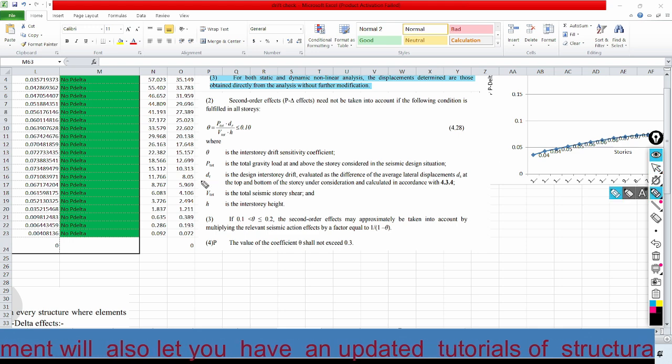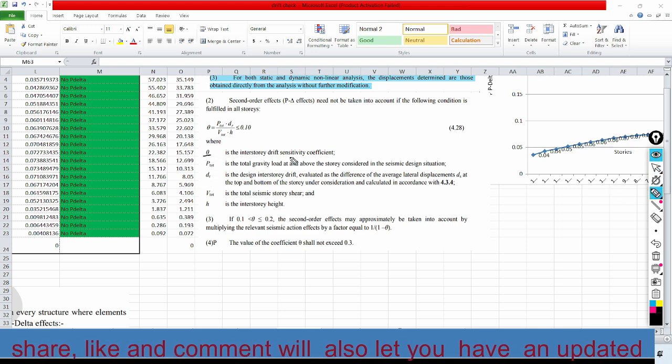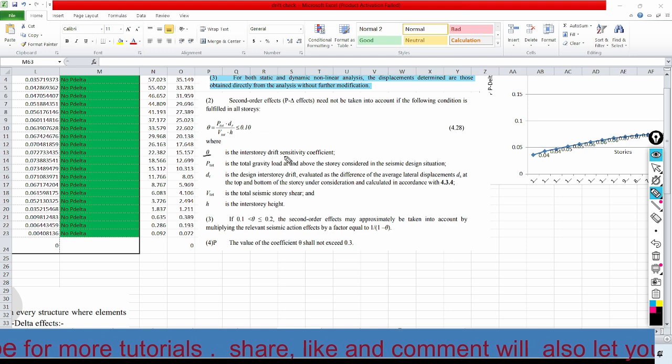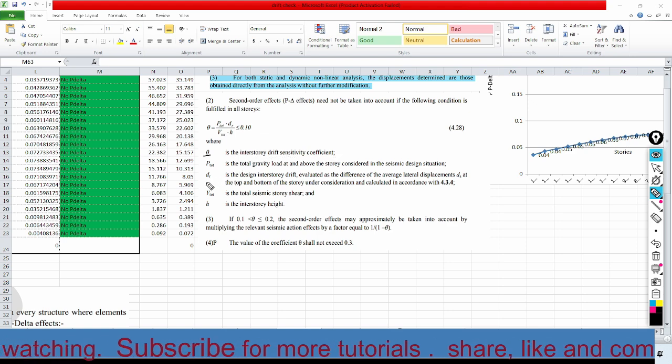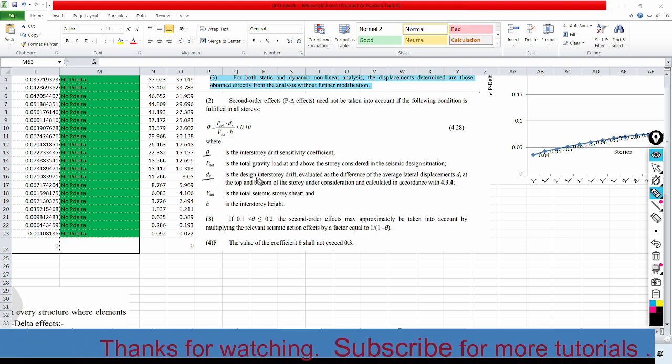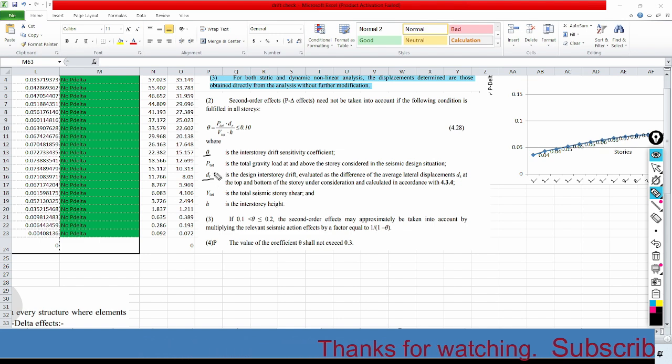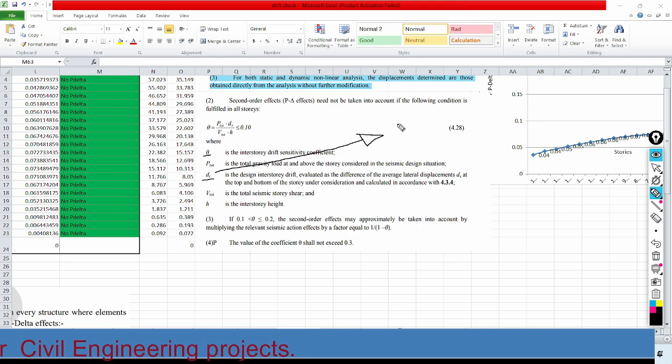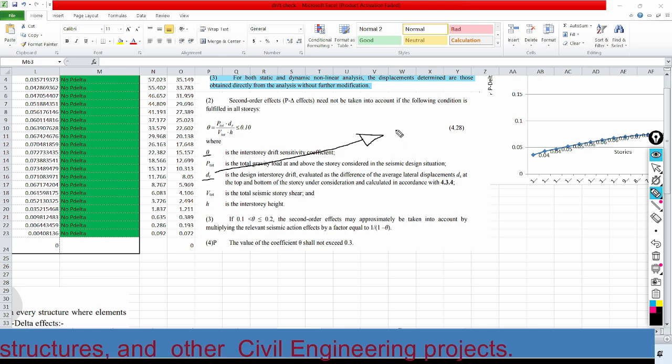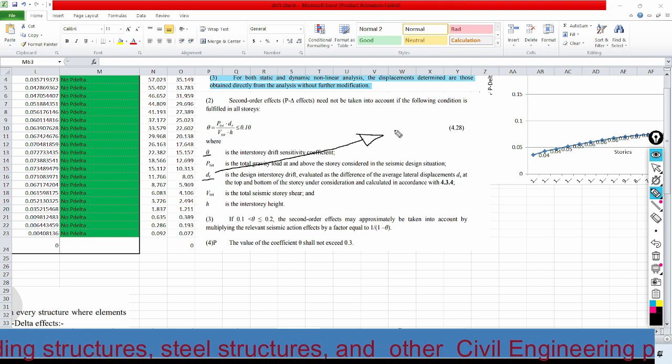And the other is theta, the interstory drift sensitivity coefficient. It is nothing but the interstory drift, which has to be calculated using the center of mass displacement.